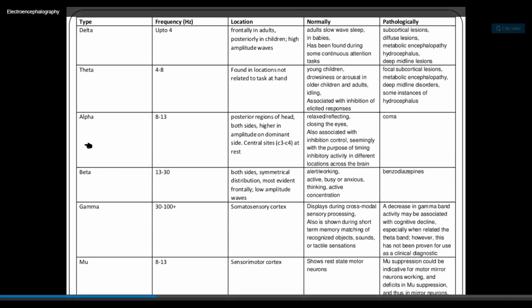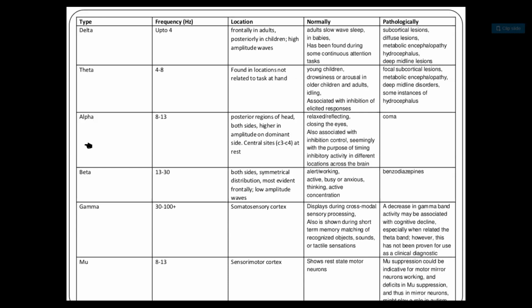The next one we will be looking at is alpha, which is in the range of 8 to 13 hertz. So what are the locations where it is placed? Posterior regions of the head, both sides, higher in amplitude on the dominant side. Central sites are usually C3 and C4 on your head. It's not your frontal part, but on your head.